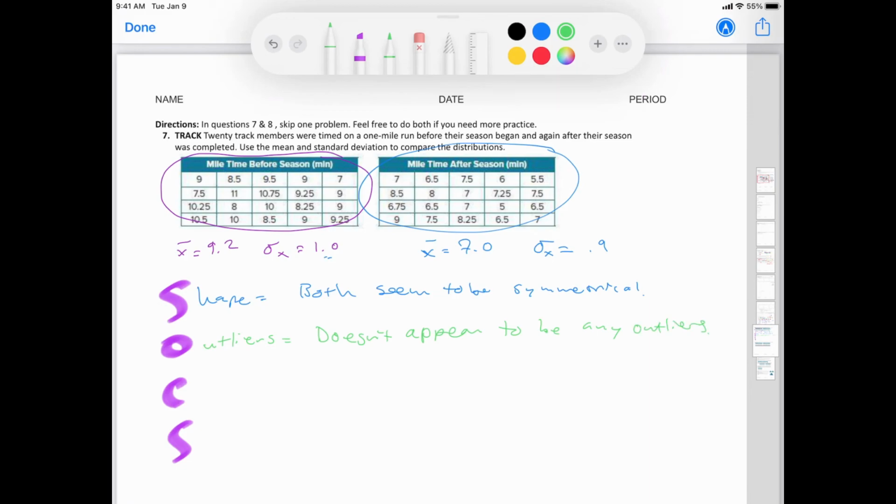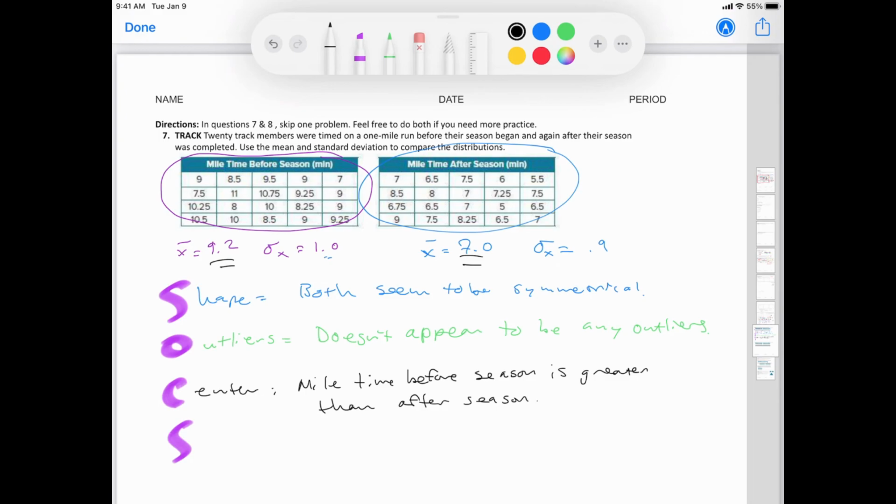How about what's our C? Our C is our center. Now we can compare it. Mile time before the season is greater than after season.